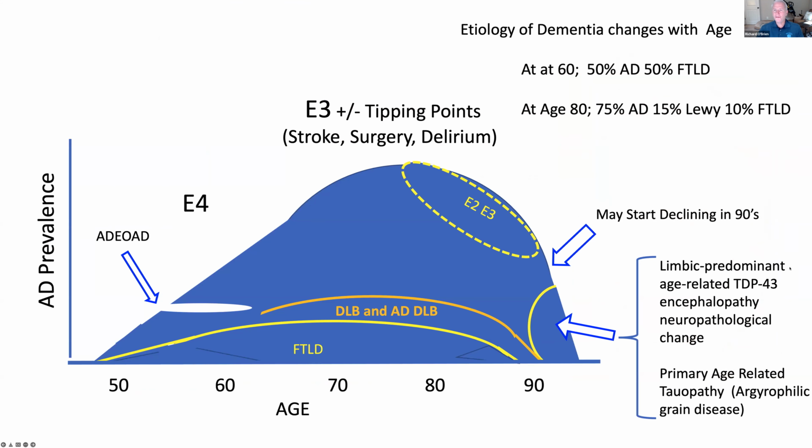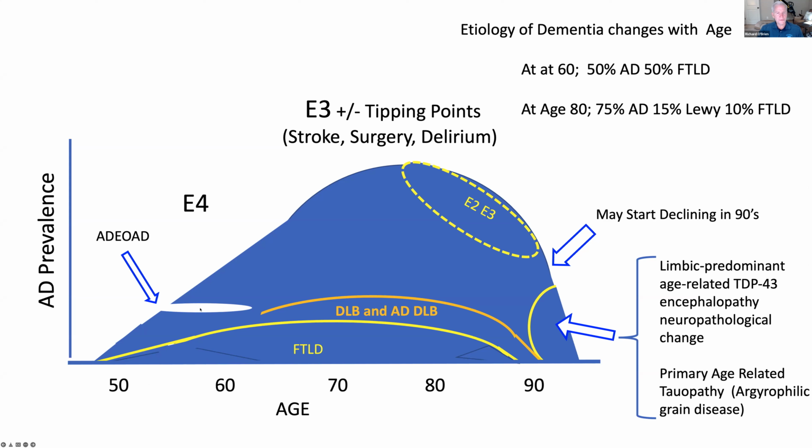Now, the etiology of dementia changes with age. If you look in the 50s or 60s, and I'm leaving out Huntington's disease here, you see what they call early onset Alzheimer's disease, but only a small fraction of that early onset is autosomal dominant. Autosomal dominant is important biologically, but not much of a public health issue.